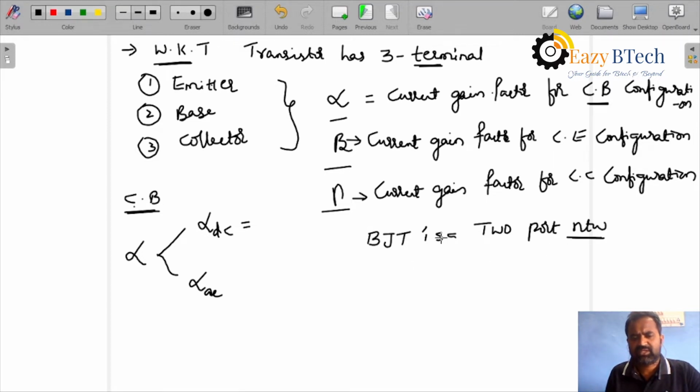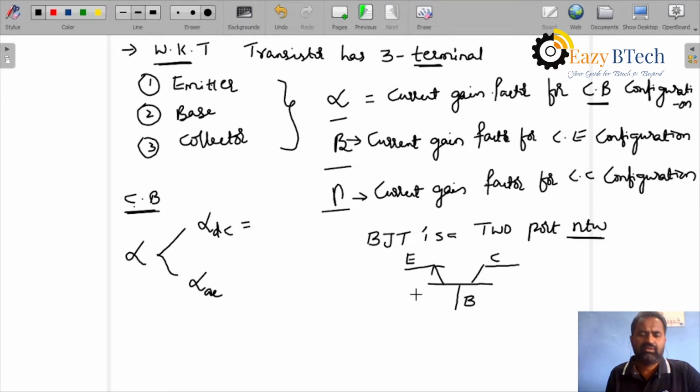Common base means base is common. It is emitter, it is base, it is collector.